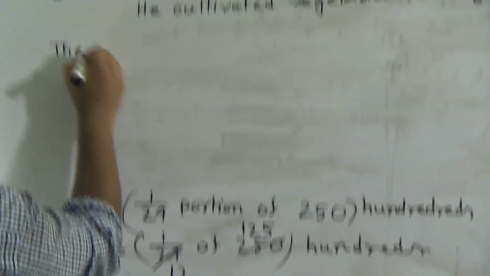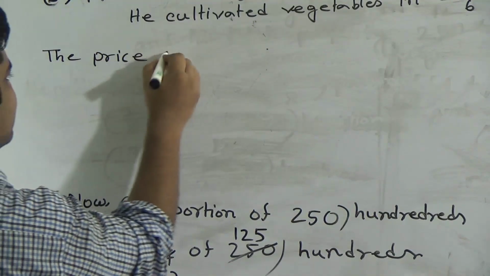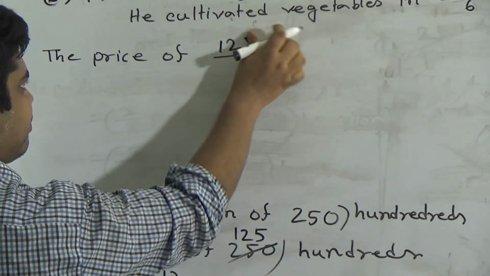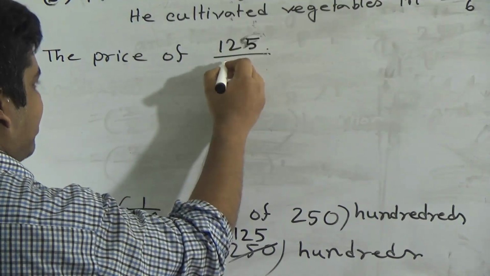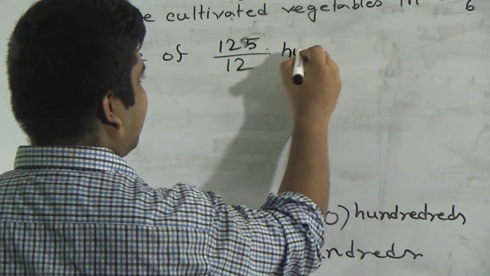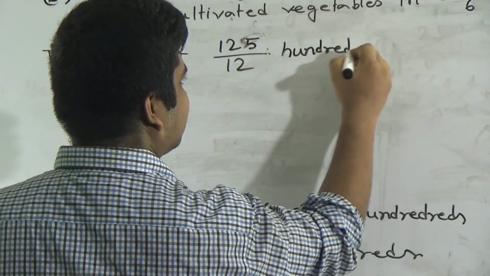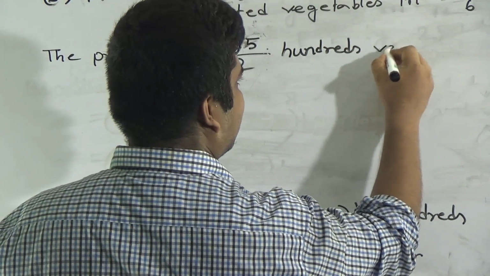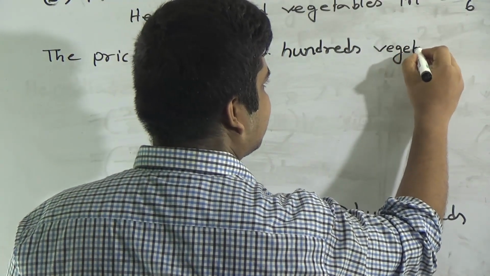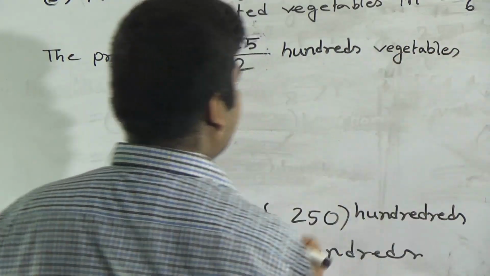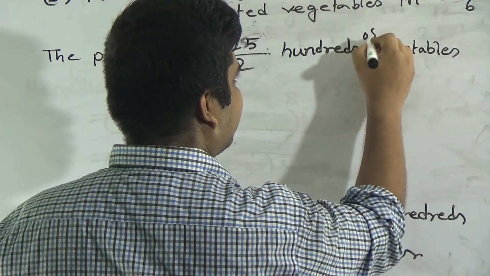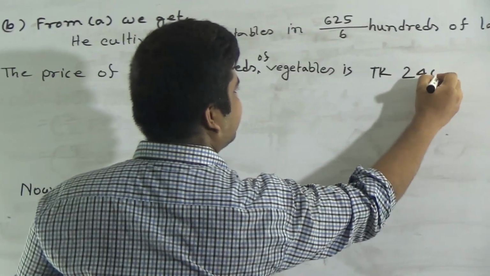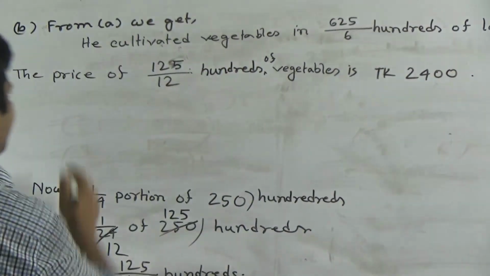So the price of 125 by 12 hundredths vegetables is taka 2400.